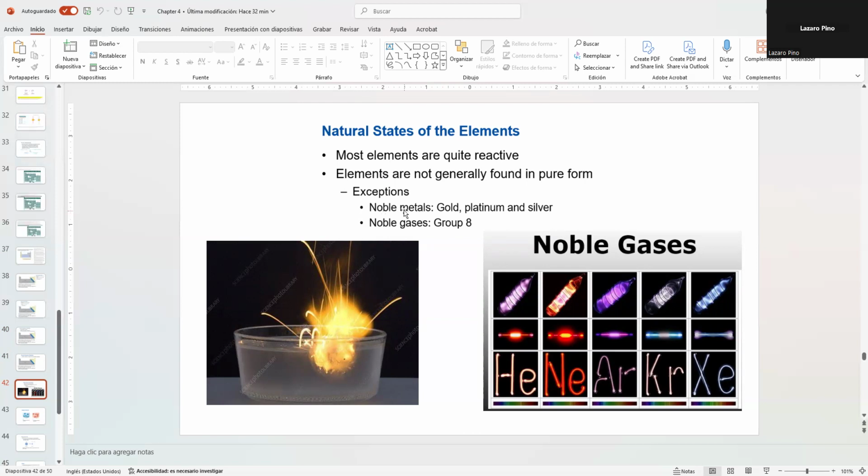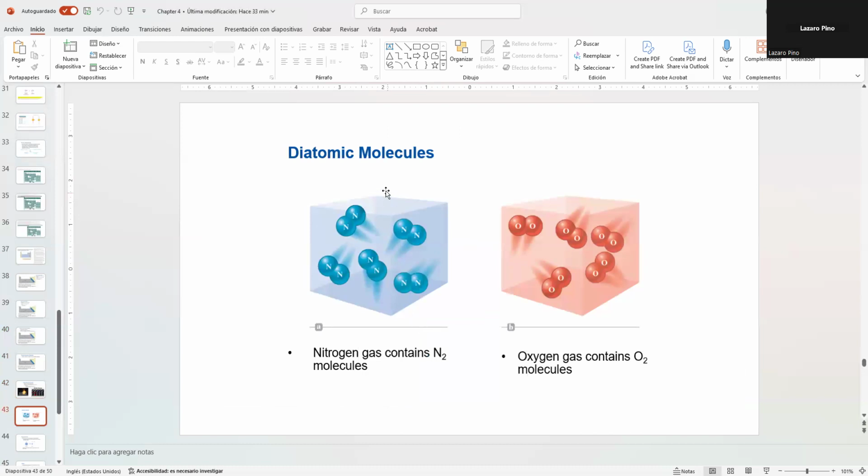They are the noble metals like gold, platinum, and silver, and the noble gases that are in group 8. Helium, neon, argon, krypton, xenon. Some molecules are diatomic. For example, nitrogen is always diatomic. Oxygen is also diatomic.